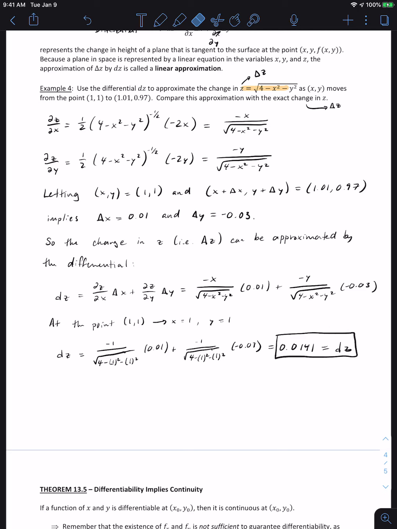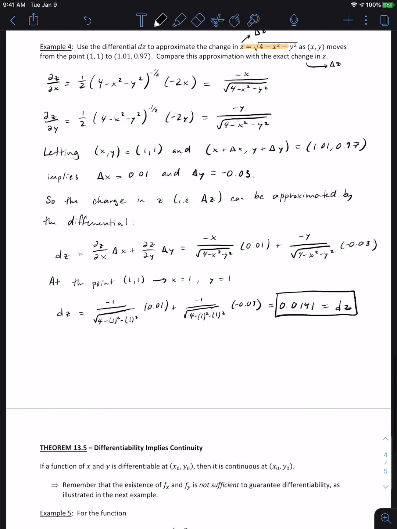So now let's find what delta z is. We can find delta z because we know the formula for delta z, right? The exact change, which is delta z, remember our formula for delta z, and again, what point are we at?